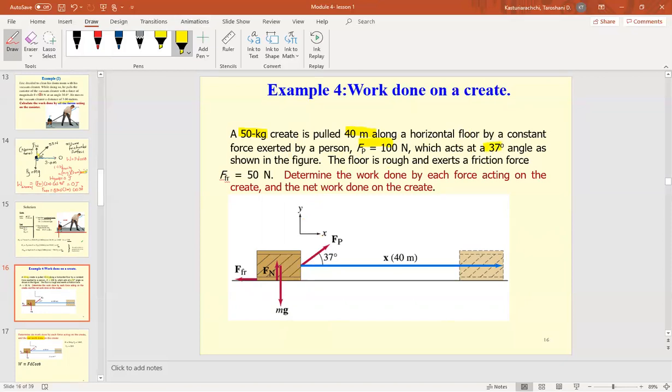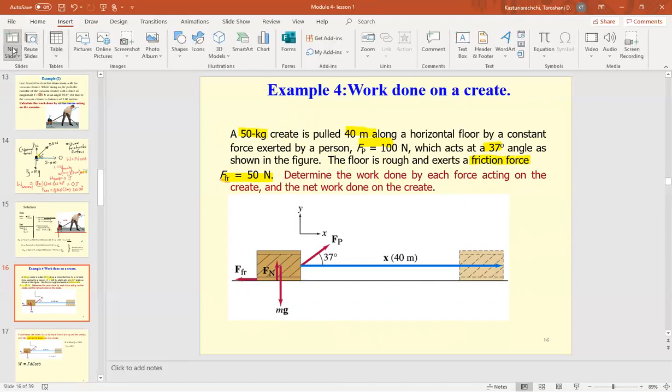Now the difference is the floor is rough and exerts a frictional force of 50 newtons. Determine the work done by each force acting on it. I hope I remember 50 kilogram and 40, and let's try.